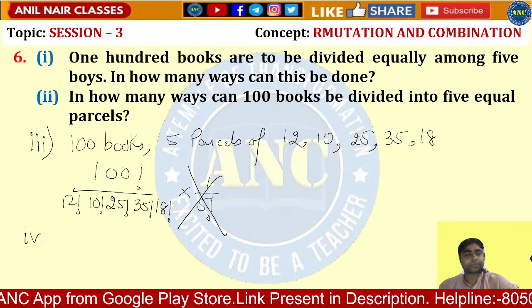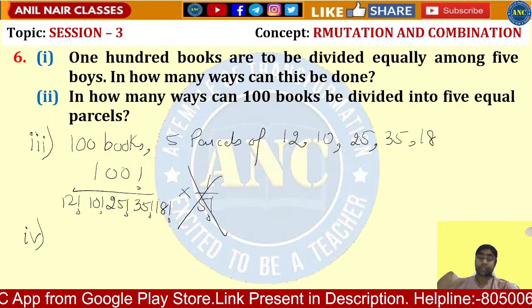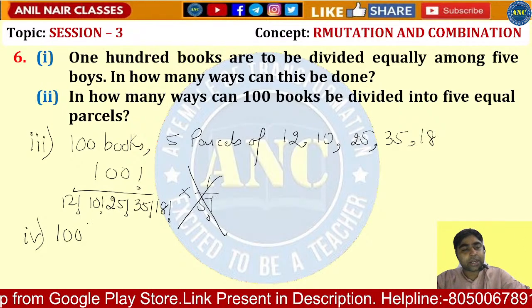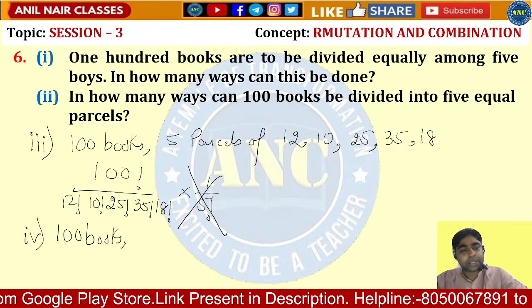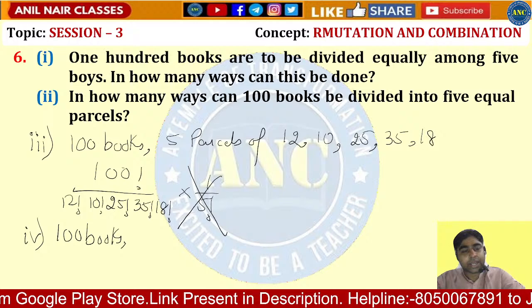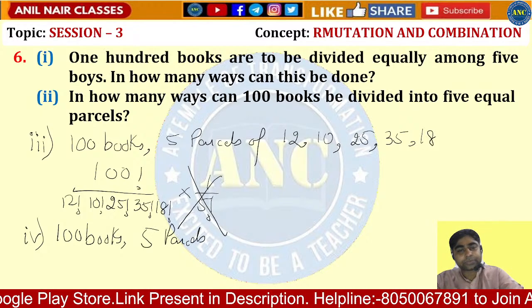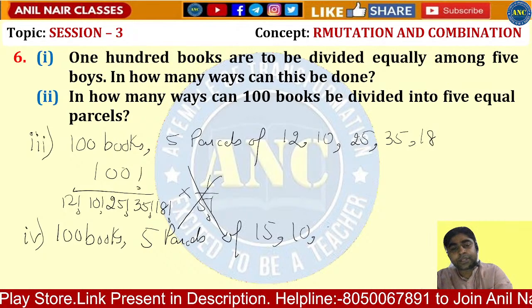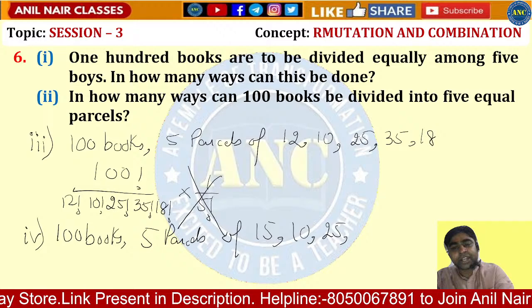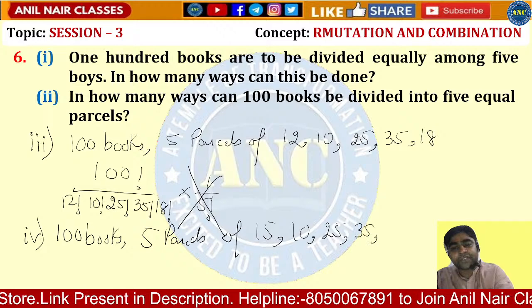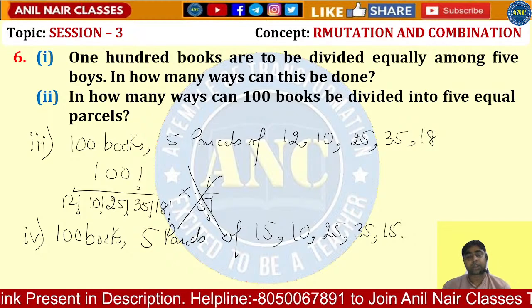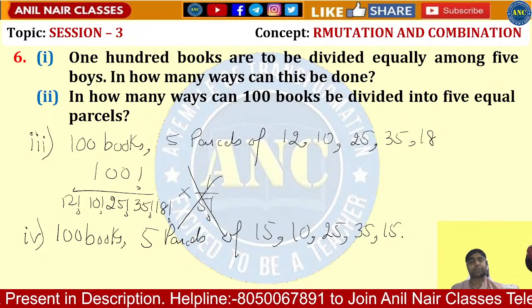Fourth, if I have 100 books, I need to divide into 5 parcels of 15, 10, 25, 35 and 15. Now if I would frame this question, please pause the video and try to solve it.